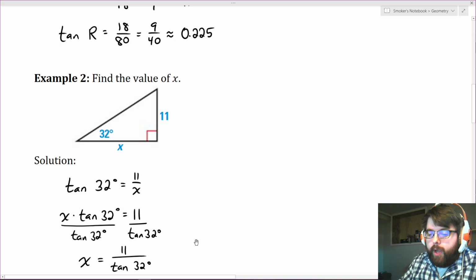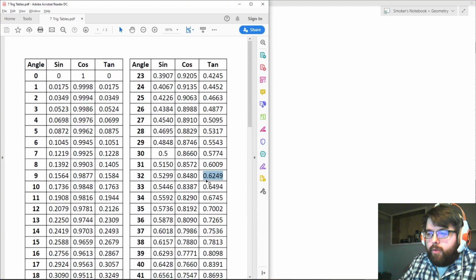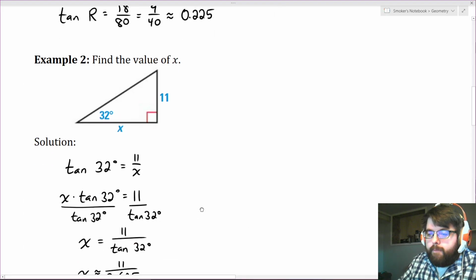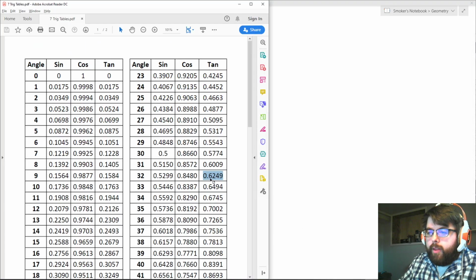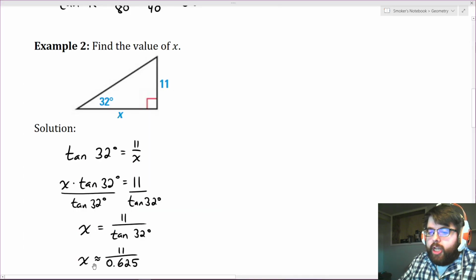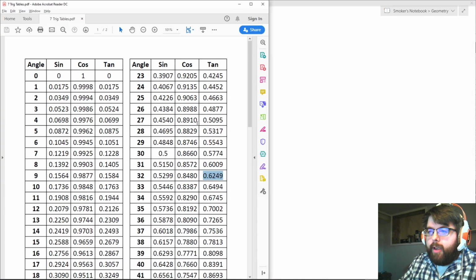And at this point, I'm going to change tangent of 32 degrees to the decimal value 0.6249. Or, because I'm only interested in 3 decimal places, 0.625. I'm rounding up. I'm changing this to approximately equal. Here's an important thing. All these values are approximate with the exception of 0.5. Anywhere you see a 0.5 it terminates.